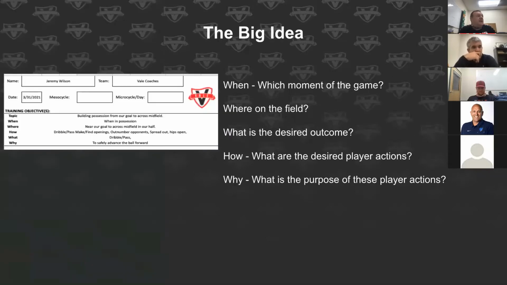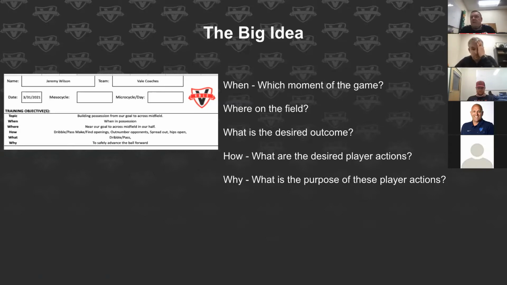Okay, the big idea. So very similar to what we had before, but the order shifts a little bit. In the grassroots coaching courses, we talk about the playbook and reading the playbook in the game, okay? And that starts with the when, which is instead of the who or the what, it starts with the moment of the game.